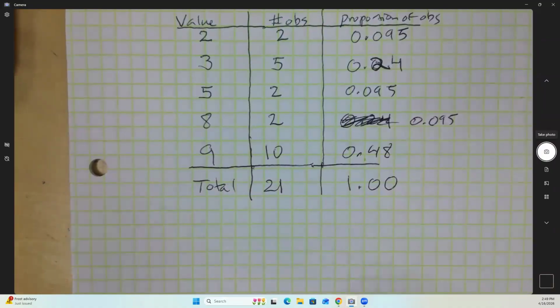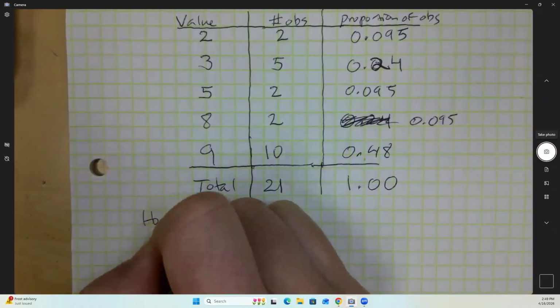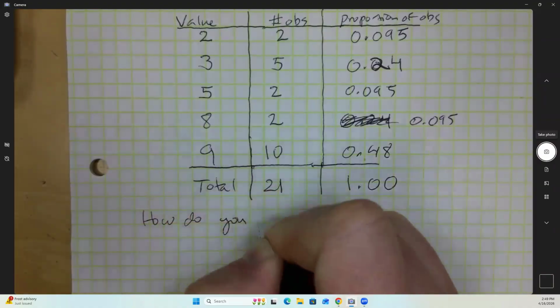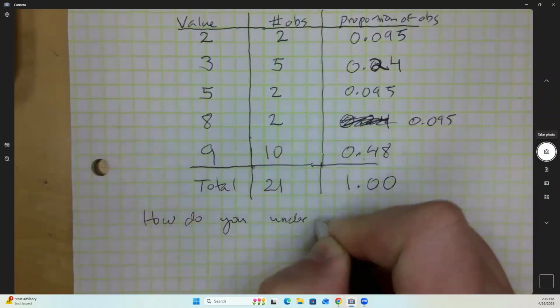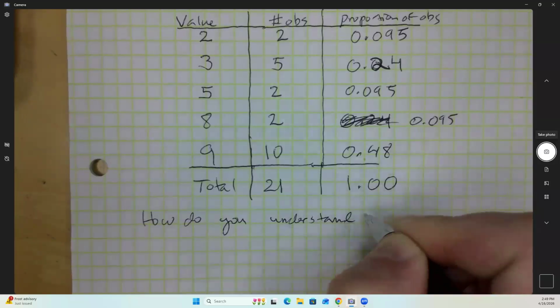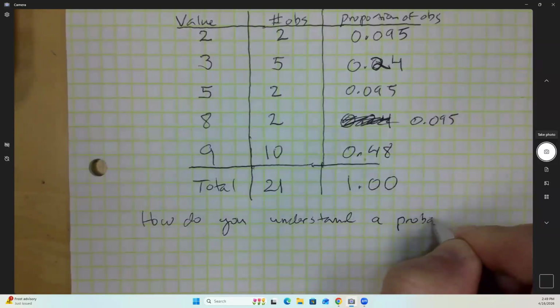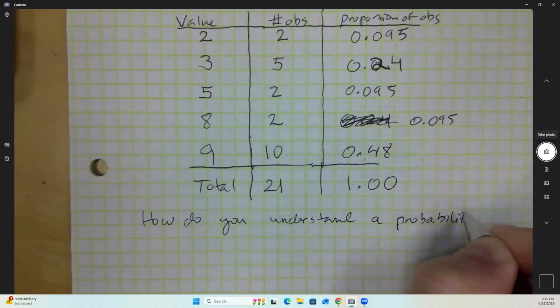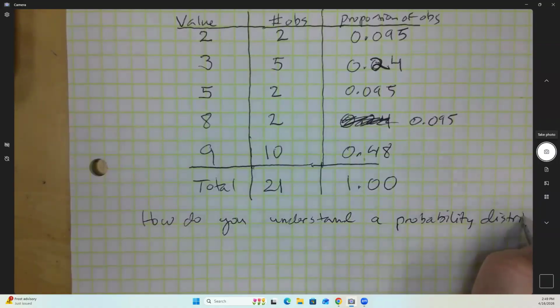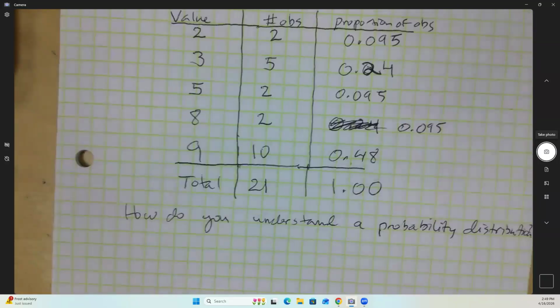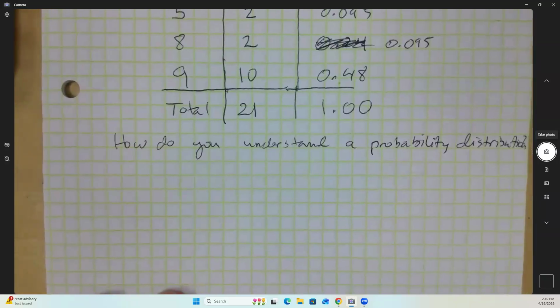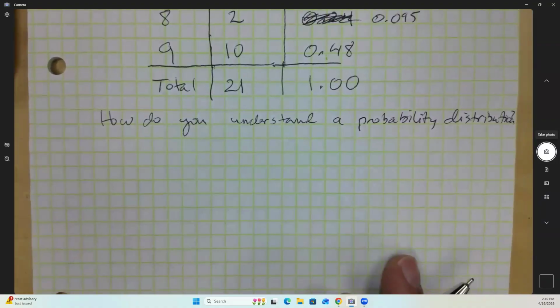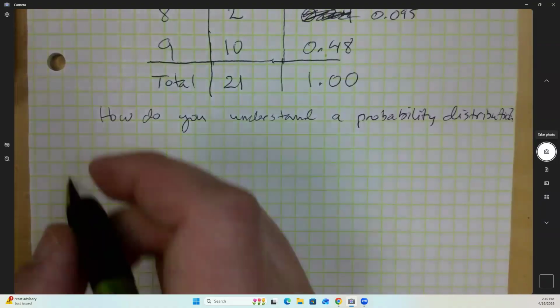All right. So how do you understand a probability distribution? There are 3 ways in order of increasing effectiveness.